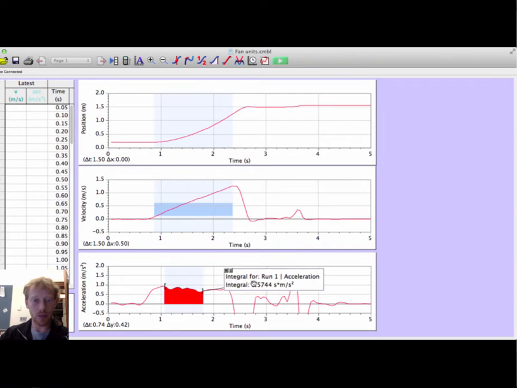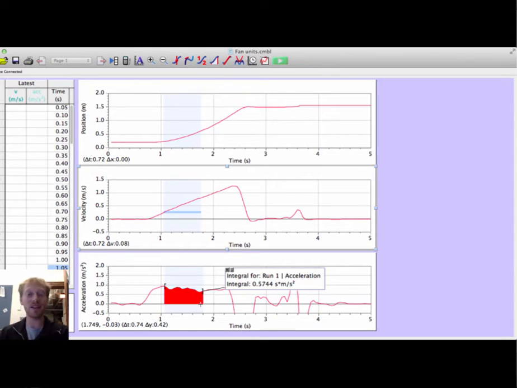Logger Pro just reported that during this time period, and I will attempt to roughly select the same time period here in the velocity graph, the integral of acceleration is 0.57 seconds times meters per second squared, because it's like a rectangle whose height is measured in meters per second squared and whose base is measured in seconds. And so a second times a meter per second squared is a meter per second.